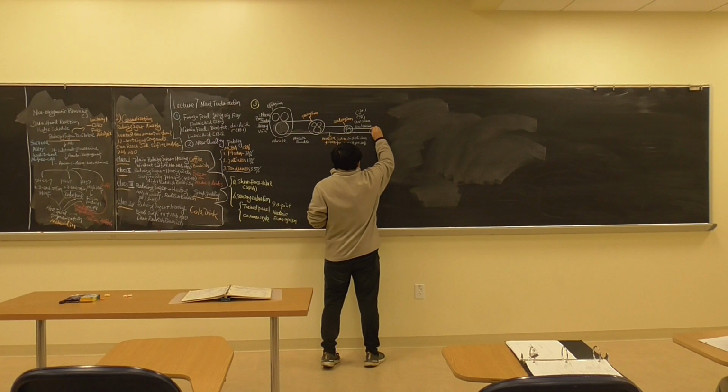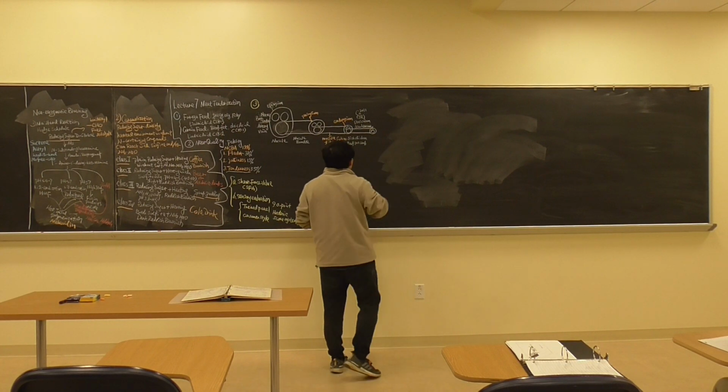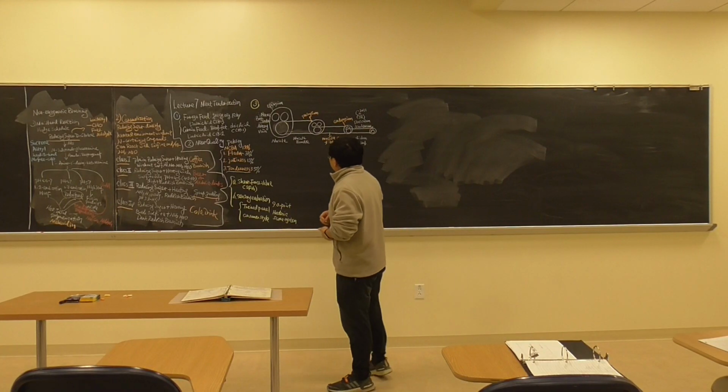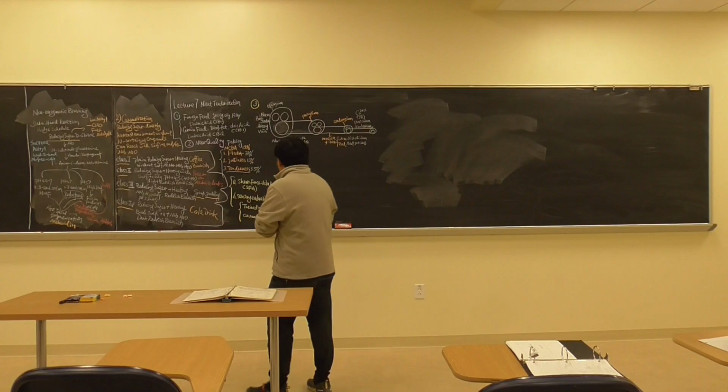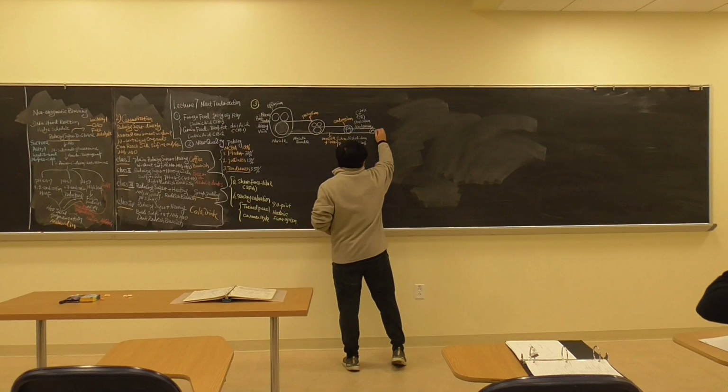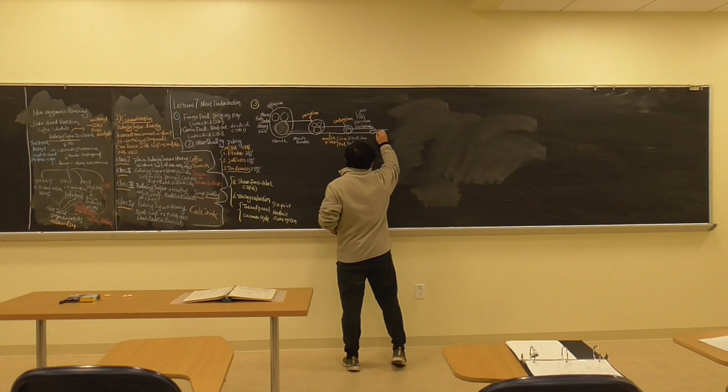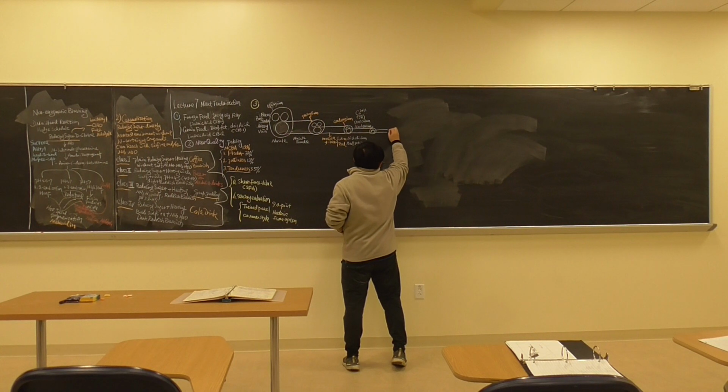And then we also see there are some bundles here. Okay? We have epimysium, perimysium, endomysium. Then we go through these. We call it myofibril.